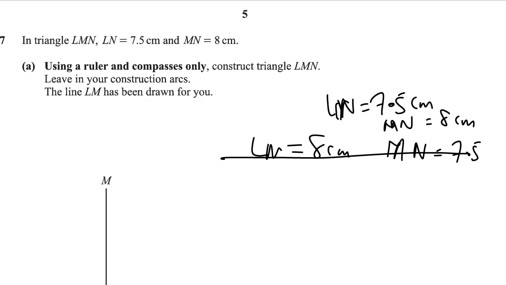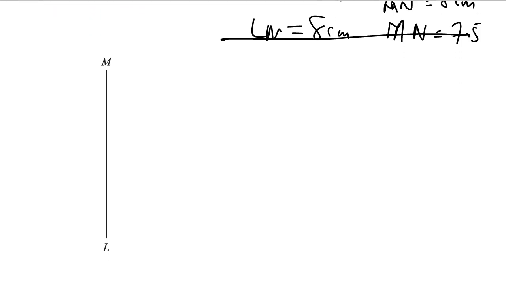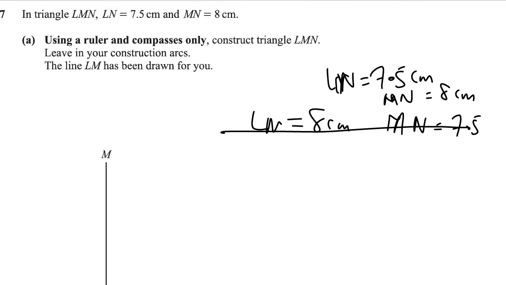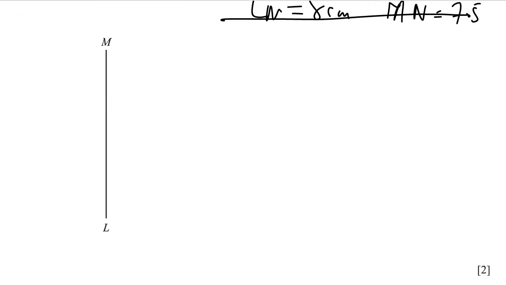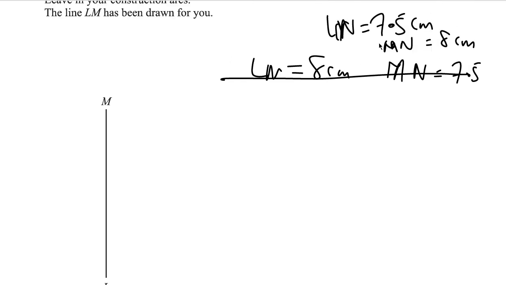So all you simply need to do here is, because the question says using a pair of compasses and ruler only, you get the compass, and first we have MN as 8 cm. So you get the ruler and measure out 8 cm.